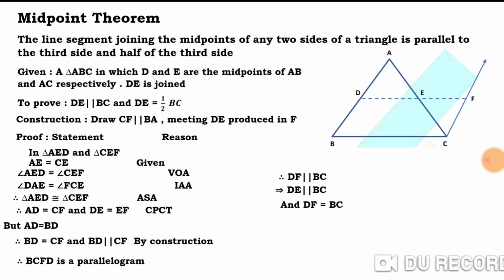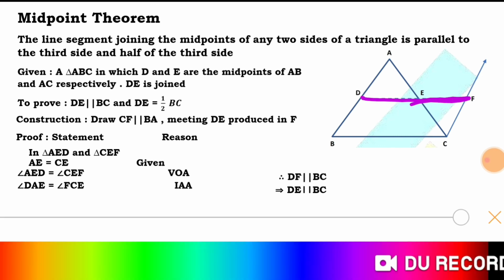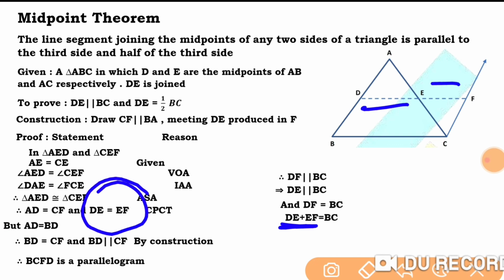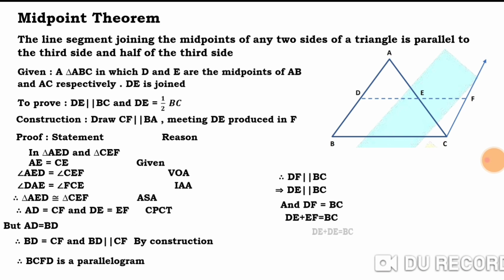So this DF is made up of two parts. One is DE and the other is EF. So we can write DF is equal to DE plus EF. Here one more thing we have proved, that DE is equal to EF. So instead of EF we can write DE plus DE, that is DE plus DE is equal to BC.